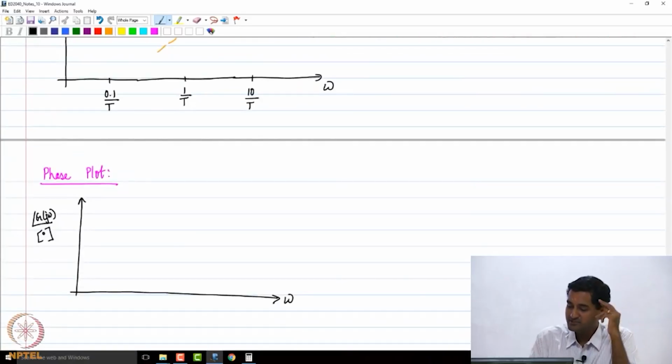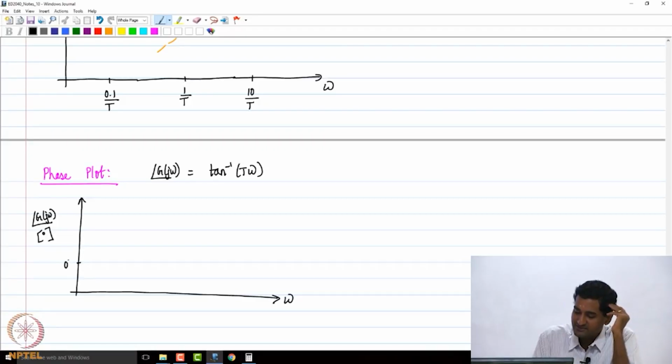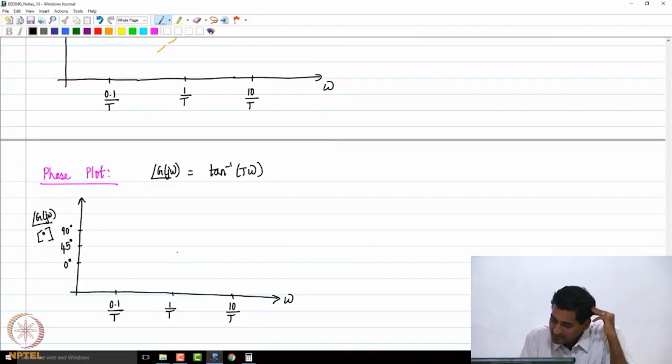Why? Because please note that the phase of G of j omega now is tan inverse of T omega, not minus, it is just tan inverse, right, plus. So, essentially if this is my 0 degrees and this is my 90 degrees and this is 45. So, what is going to happen is that at 1 by capital T and let us say 10 by capital T and 0.1 by capital T, 1 by capital T the value is 45, right.